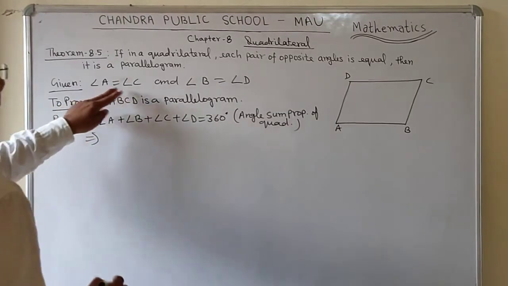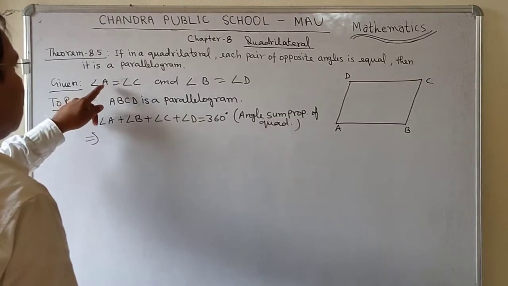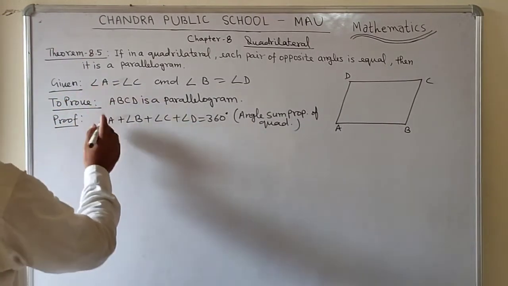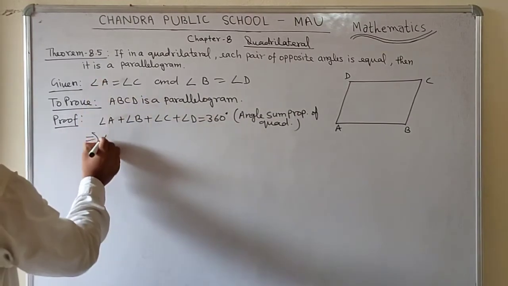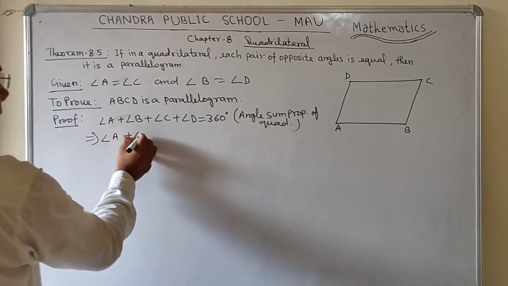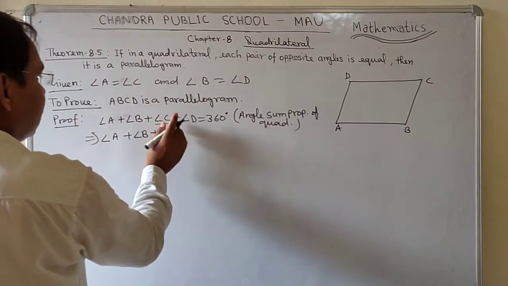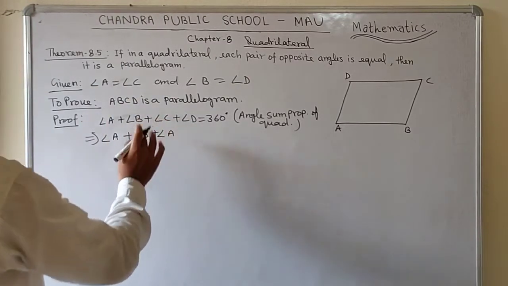Now here angle A and angle C are equal. So we can replace angle C with angle A. So here angle A plus angle B, and at the place of angle C, I am going to write angle A. It is given that angle A and angle C are equal.